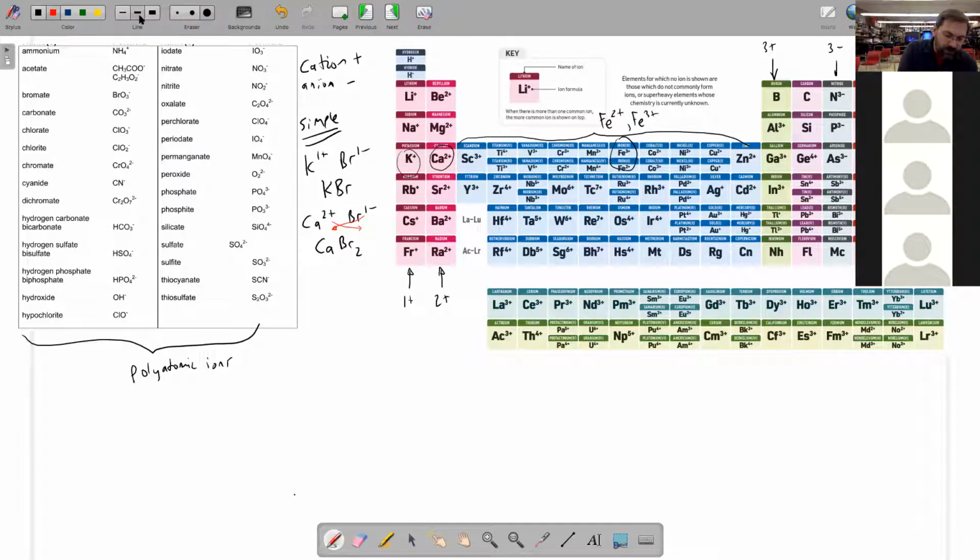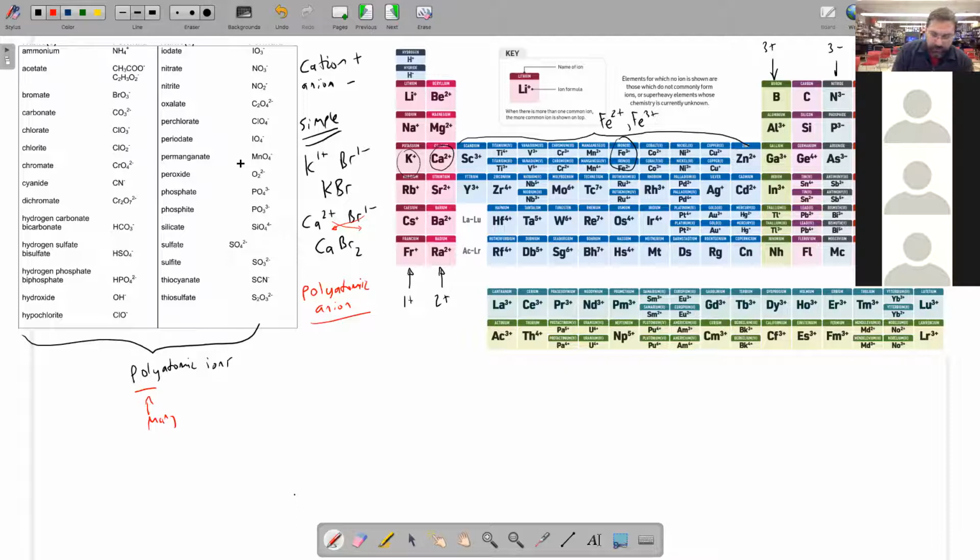Another way that you can have an ionic compound is when there's a polyatomic anion. So this whole chart here has polyatomic anions. They're called polyatomic because poly means many, so two or more really. In this case, you could have an anion that's made up of 2 or more elements, and the charges are listed.